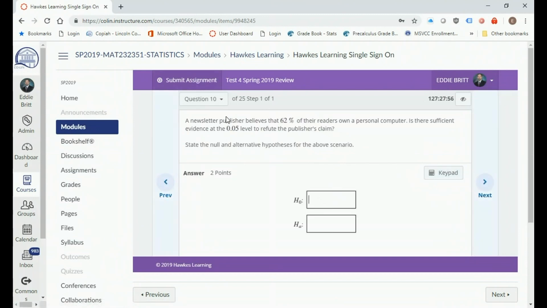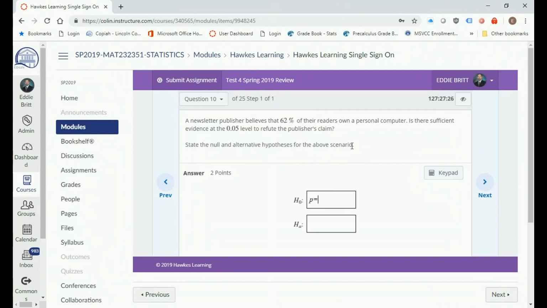All right, same thing here. It says a newspaper publisher believes that 62% of their readers own a personal computer. Is there sufficient evidence to refute the claim? If we're trying to refute the claim, that means we're trying to say, is it not equal to 62%? So I really don't have to write this down. It's going to be equal to and not equal to. The one that's equal to is the null hypothesis.